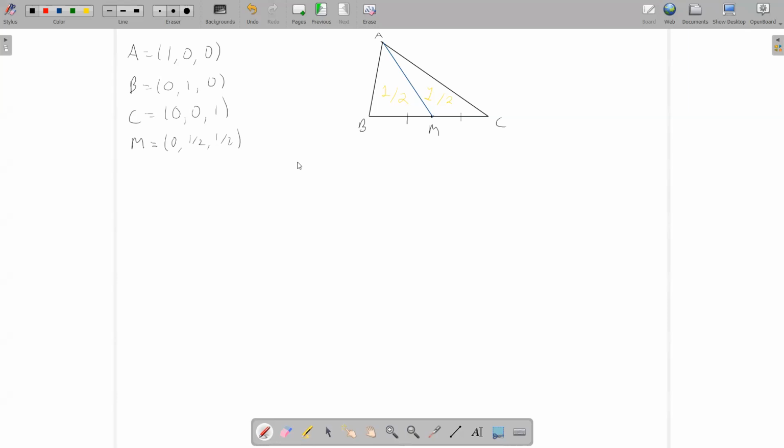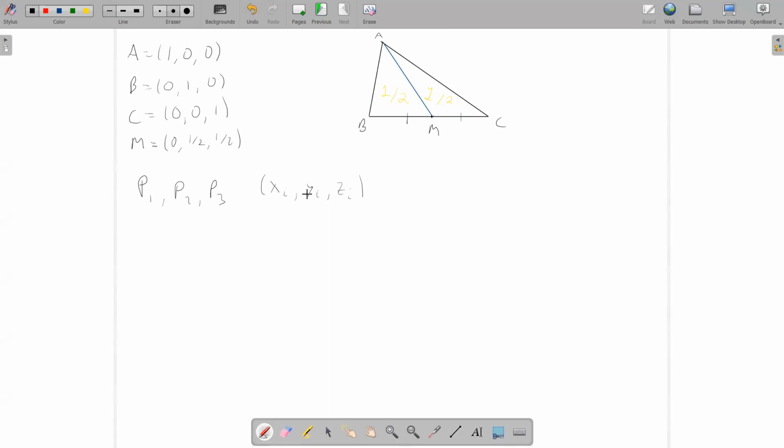Now, most of the power of barycentric coordinates comes from the following formula, which I'll not prove because it's long and tedious and no one wants to see the proof. But if you're interested, you can look it up. We have points P1, P2, P3 with barycentric coordinates xi, yi, zi respectively.